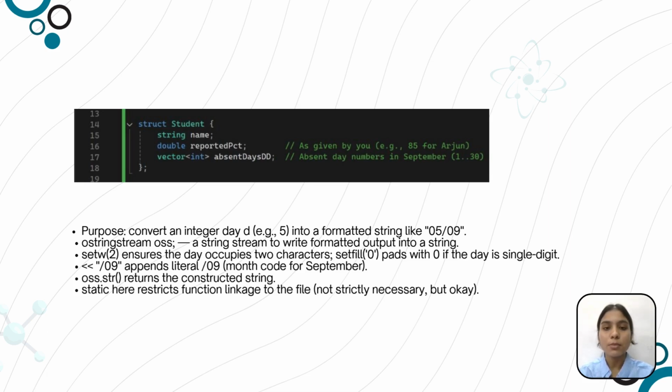Functions like setw(2) and setfill('0') make sure single digit days are displayed with a leading zero. The insertion operator with "/09" part simply adds the month. Finally, the oss.str() function returns the formatted string that we can display. Using static here keeps the function linked to only this file, which is fine for this program.